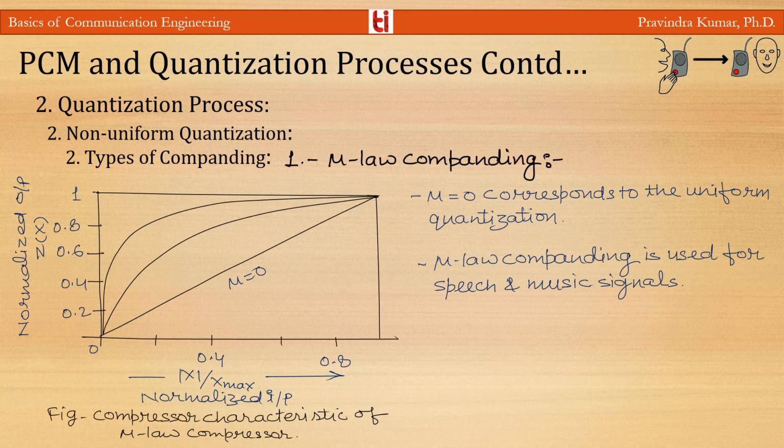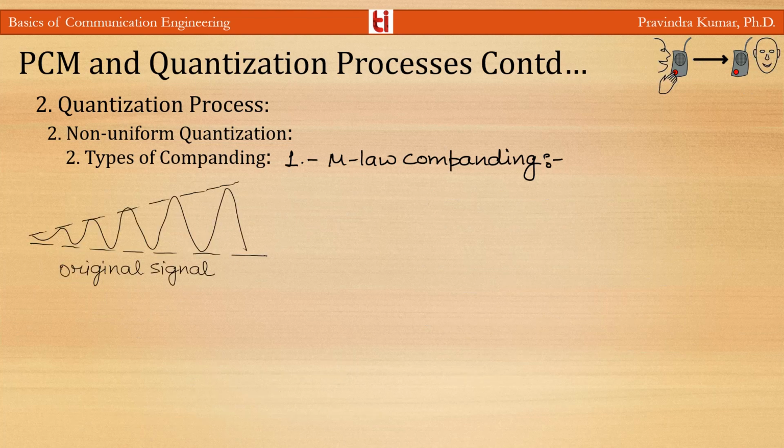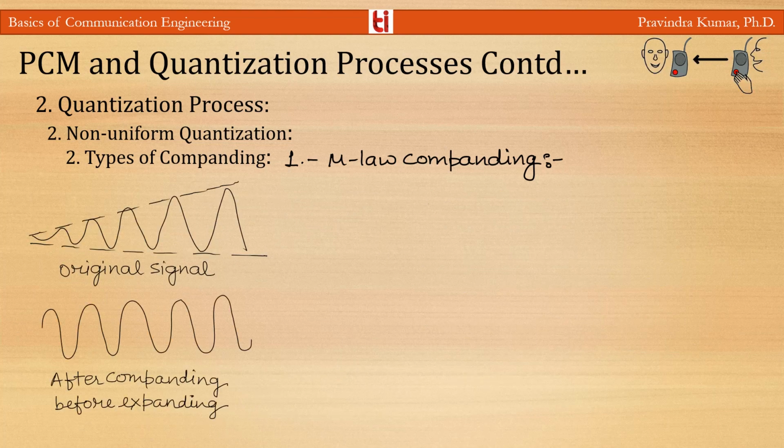And if we increase the value of mu to 5 and 255, then we will have the curve in the Mu-law companding. And you can see this is the original signal and the signal passing through the compander, after companding or before expanding, the signal will be like this.